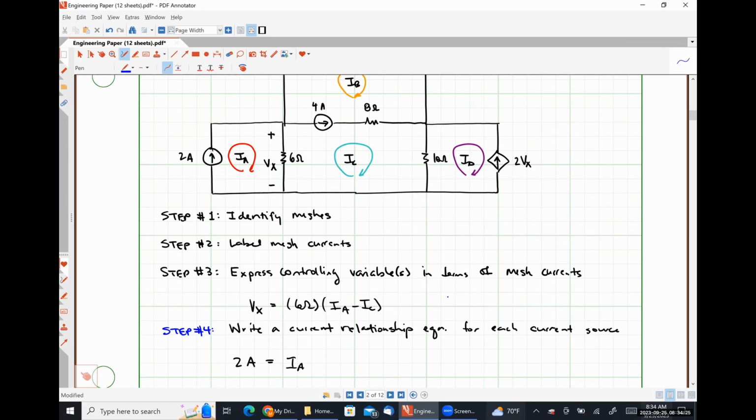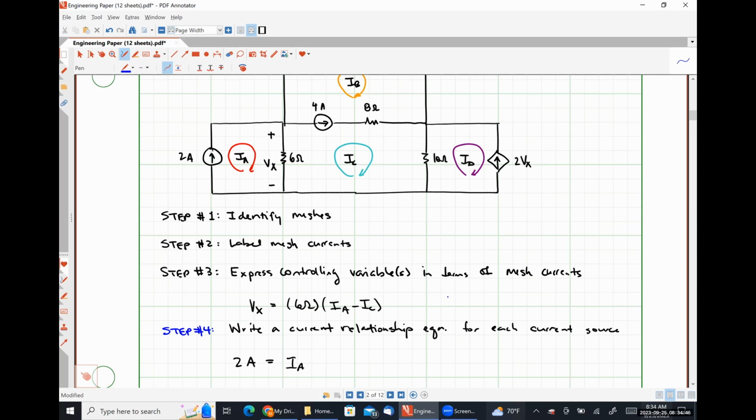So can I add voltage and current together? Absolutely not. Okay. So what he is struggling with is an inability to express the voltage drop across the current source in terms of mesh currents. And he's struggling with that because it literally can't be done.